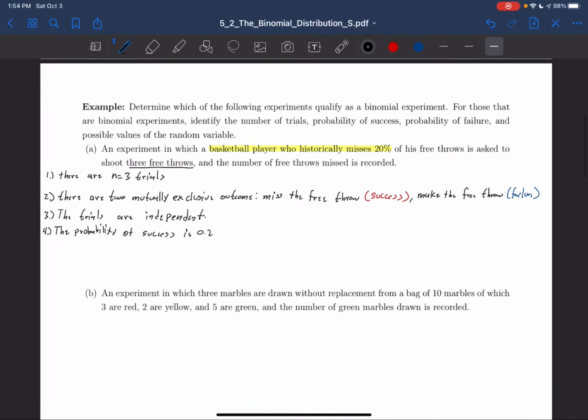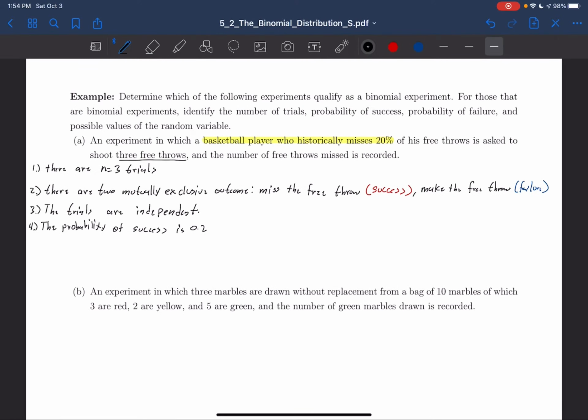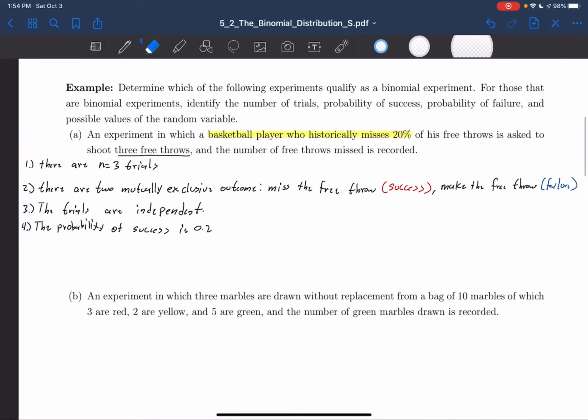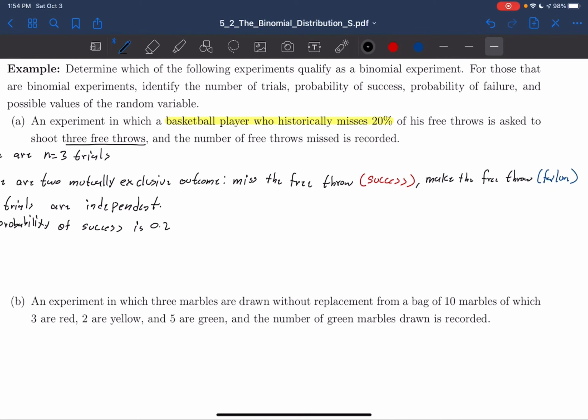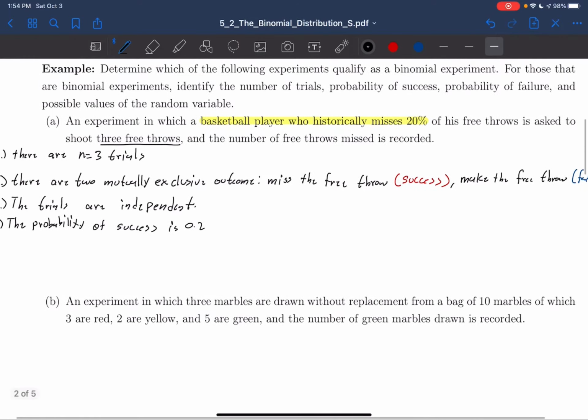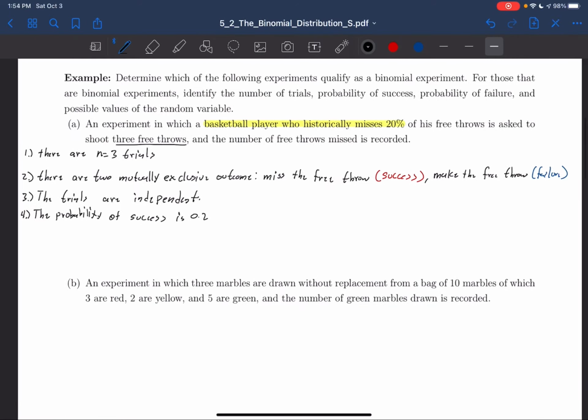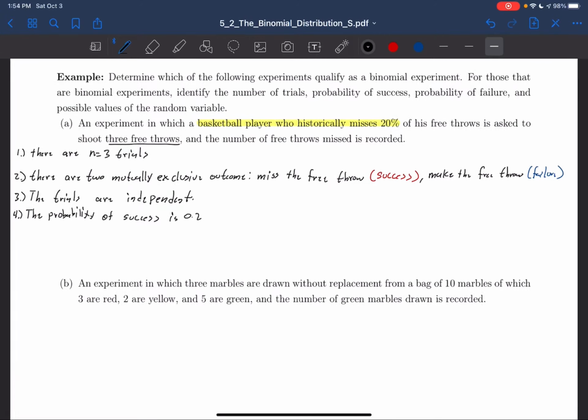So this should be a binomial experiment. So we're okay. The last thing, I said the random variable x represents the number of successes that occur, where x is just like the label. I guess x is just the number of missed free throws. But so this is a binomial experiment.